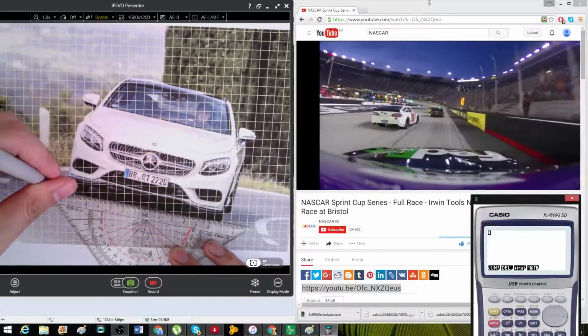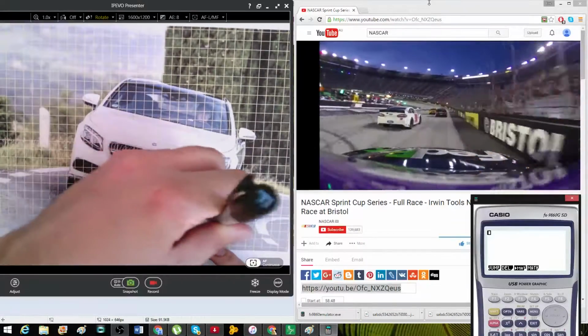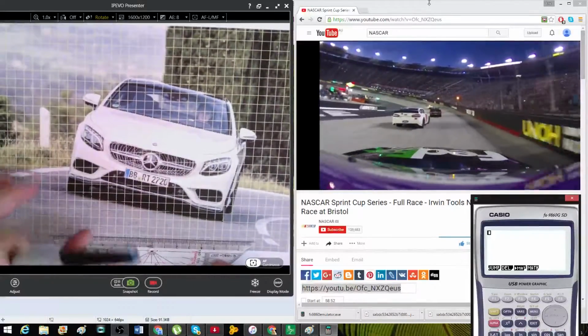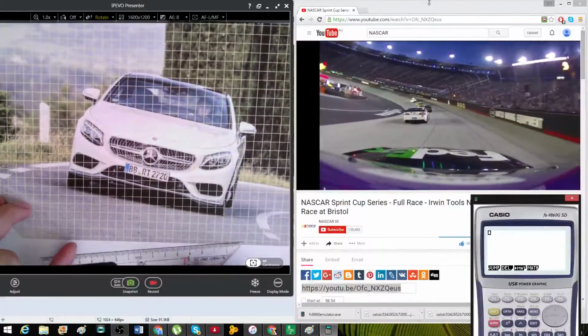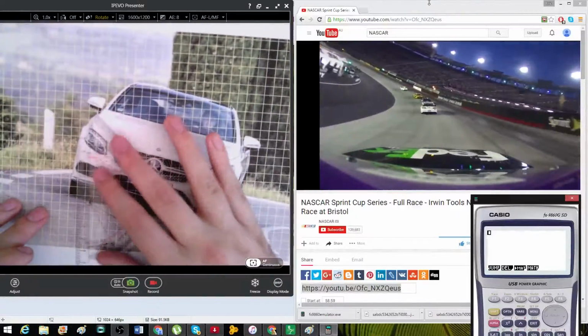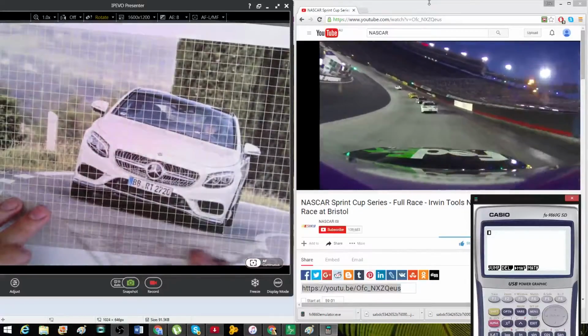So I'm just going to rule a line here. And I'm going to presume that on my grid, the vertical lines are directly down. Let's rule that across.